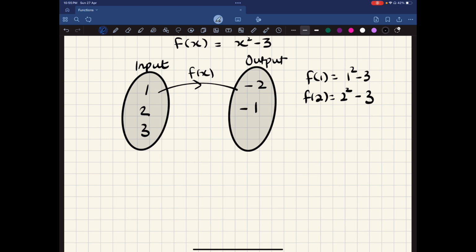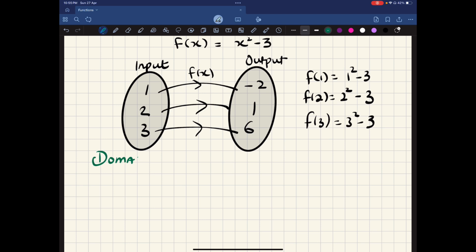Sorry, positive 1. 4 minus 3 is positive 1. And if you substitute 3, you're going to get 6. Okay, so these input or the x values are known as the domain of the function, while the output or y values, they're known as the range of the function.